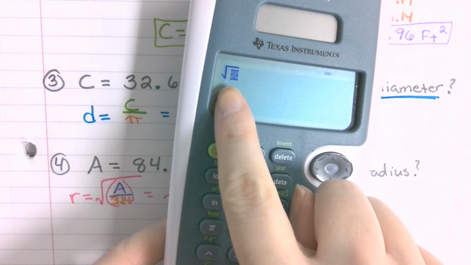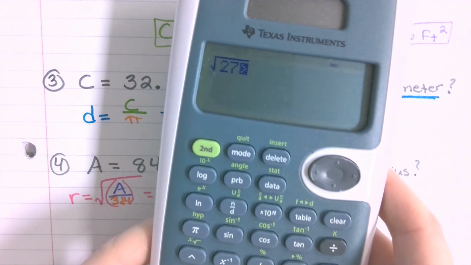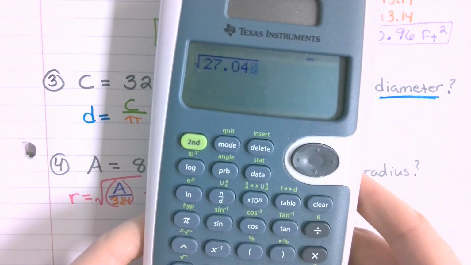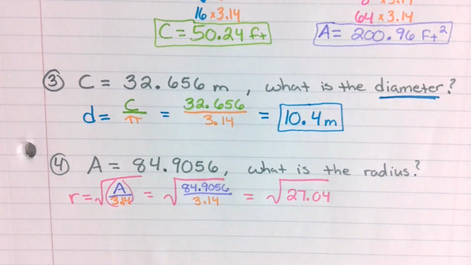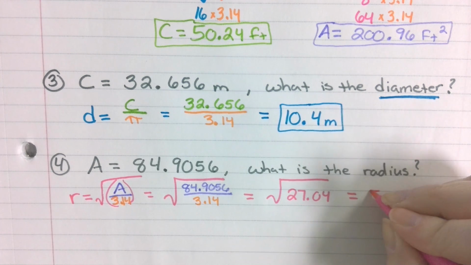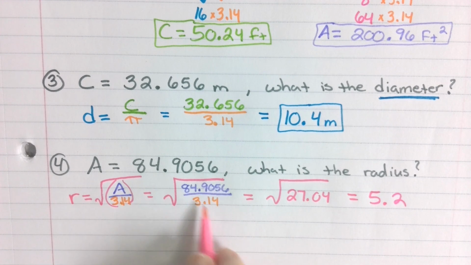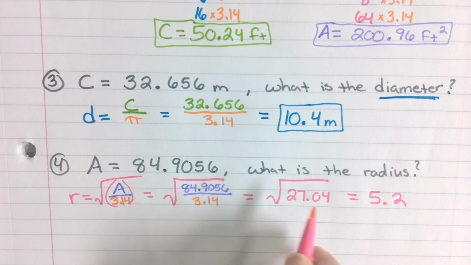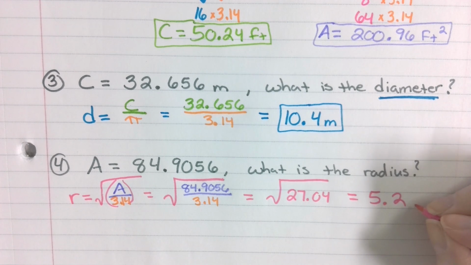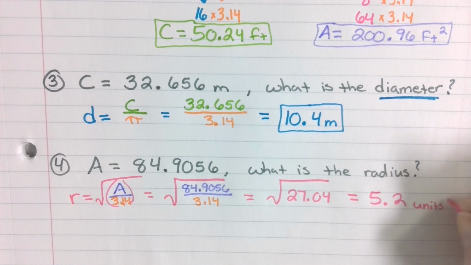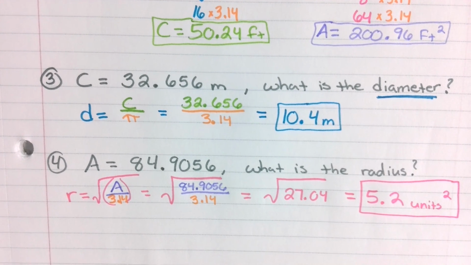Notice your square root symbol is going to pop up now. I can then type 27.04 and hit enter, and I get 5.2. So you have to divide first, then you can take the square root and you get your answer. And this is units squared. Since I didn't give a unit of measure, I would just put units squared.